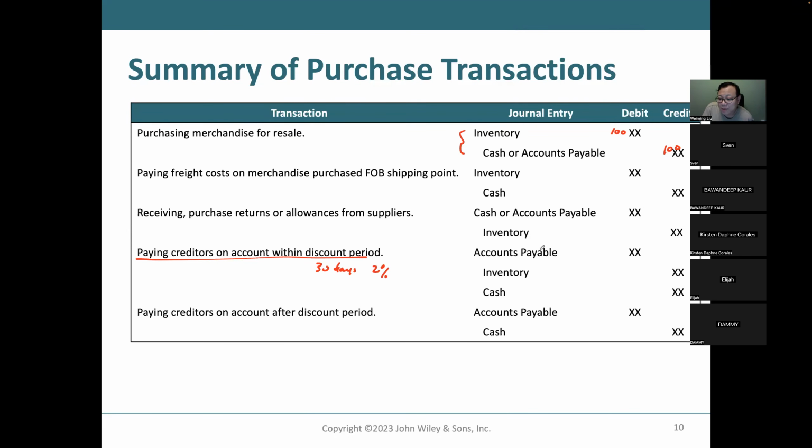Your accounts payable was 100, so you are settling that liability. You debit accounts payable for 100. Because of the discount of 2%, you only need to pay $98. The $2 is the purchase discount, and purchase discount will reduce your inventory, so that's a credit to inventory for $2.